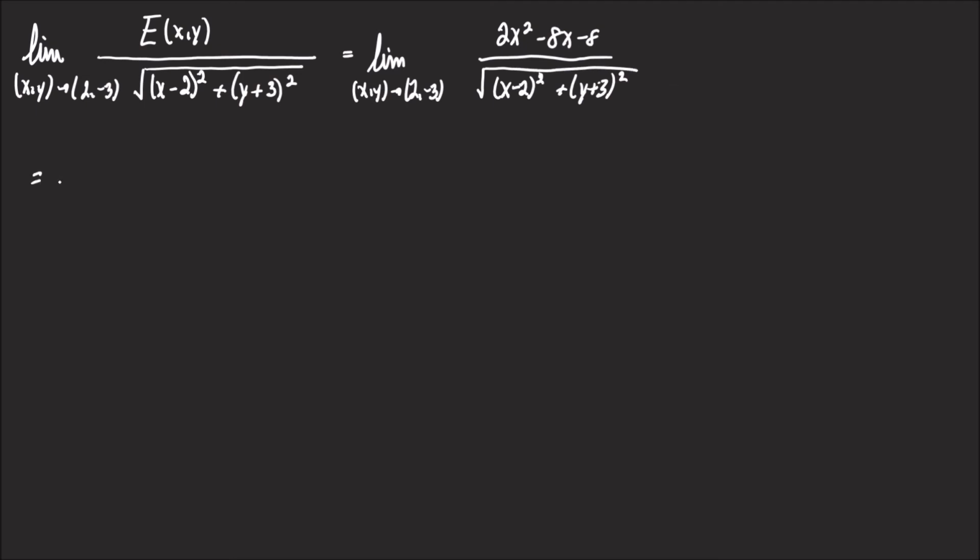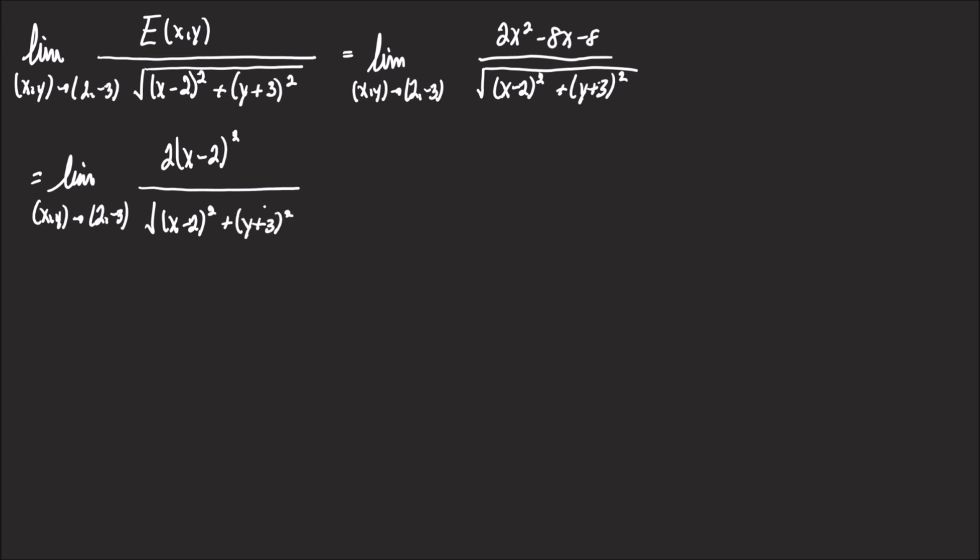Now this will equal the limit as (x, y) approaches (2, negative 3) of 2 times (x minus 2) quantity squared all over the square root of (x minus 2) squared plus (y plus 3) squared.